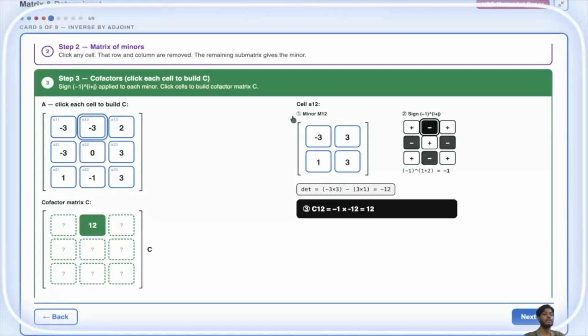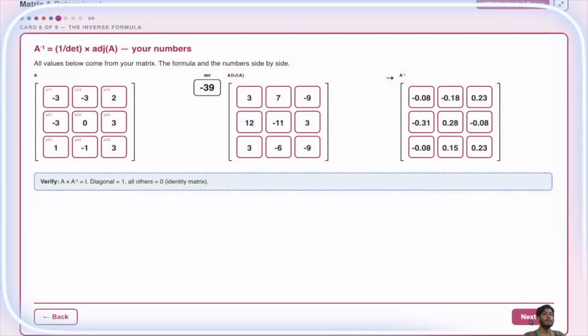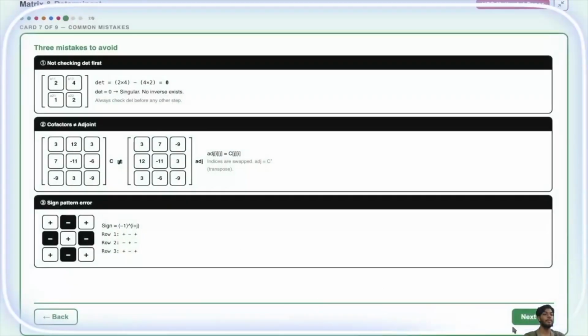You can see for this position the sign is positive, for this position it is negative, for this position it is positive again. So you can compare and place a sign before this minus and calculate the cofactor for each of the elements. So these are the three mistakes.